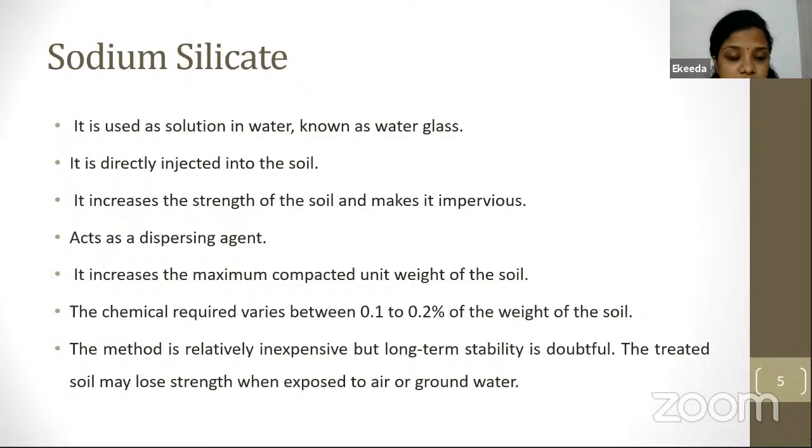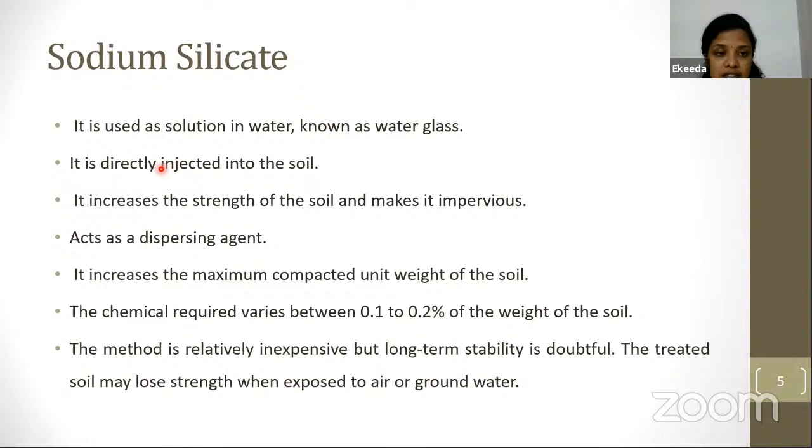It acts as a dispersing agent. It increases the maximum compacted unit weight of the soil, so it increases the density of the soil also. The chemical required varies between 0.1 to 0.2 percent of the weight of the soil. The method is relatively inexpensive, but long-term stability is doubtful.